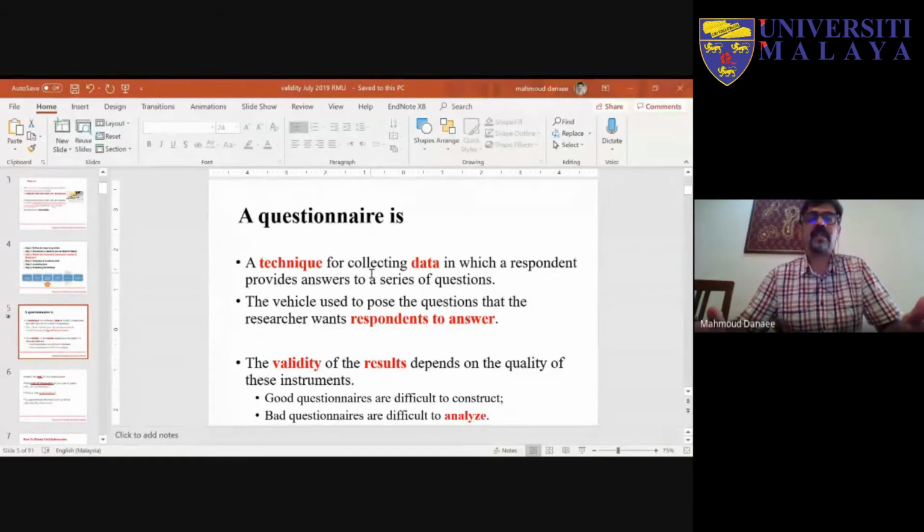Otherwise, the information that you generate at the end will be biased and cannot be reliable. This is very important for any type of research, to make sure that our research instrument is valid and reliable, to be on the safe side in terms of generalizing our findings at the end.